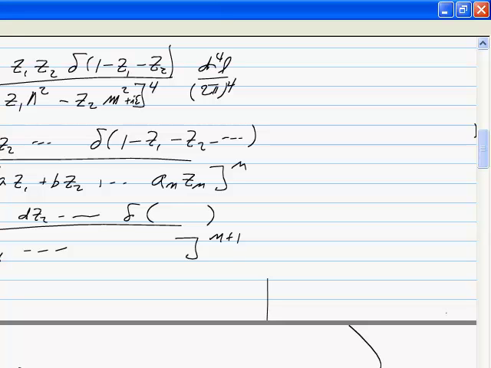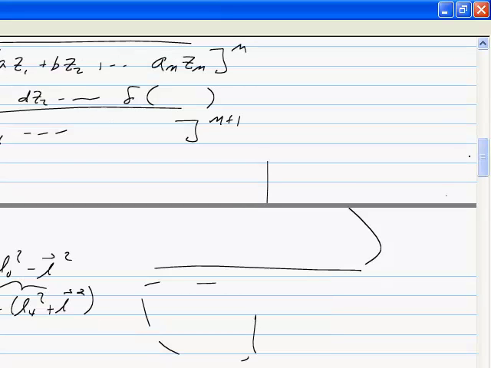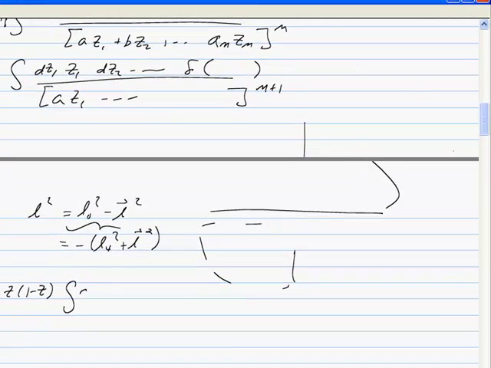So I just dropped the index there. Okay, and I still have the integral d4 L Euclidean over 2 pi to the 4th, 1 over L Euclidean squared plus lambda squared z plus m squared (1 minus z).